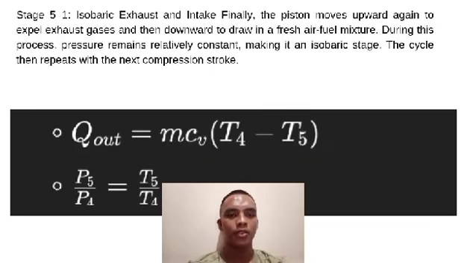Finally, we move to stage 5 to 1, which is the isobaric exhaust and intake stage. Here, the piston moves upward to push out the exhaust gases, then moves downward to draw in the fresh air-fuel mixture. Throughout this stage, the pressure remains relatively constant, which is why it's called isobaric. Once complete, the system is ready to begin the next compression cycle.